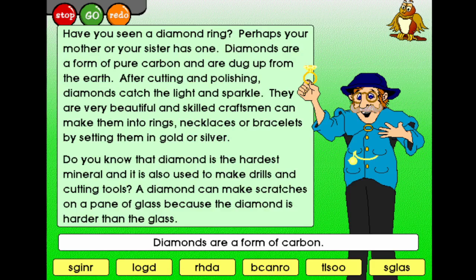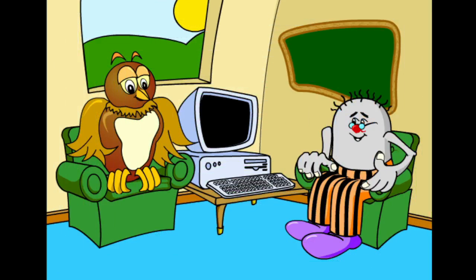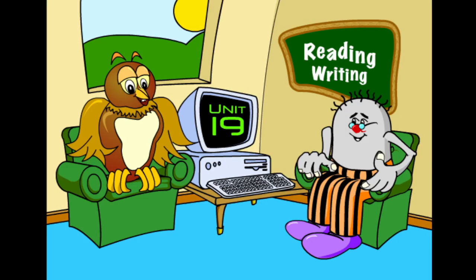Diamonds are a form of carbon. Diamonds are sometimes made into tools. Diamonds are harder than glass. You are very good at this. Click on Go to do so. Excellent work! Unit 19, Reading, Writing.